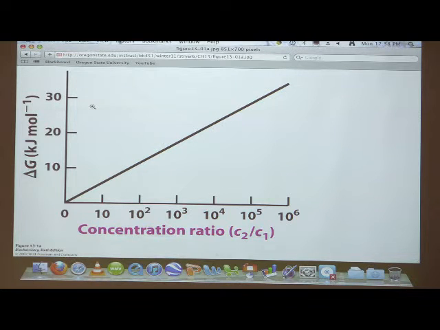If I want to do that in a cell, I can't simply rely on the process of diffusion. The first process, diffusion, will equalize everything, right? I can't make one side higher than the other with simply the process of diffusion because they're going to equalize out. If I want to move against a concentration gradient, I have to provide some external source of energy. I have to provide some external source of energy if I'm moving against a concentration gradient. And I'll remind you again, against a concentration gradient means moving it from lower to a higher concentration.